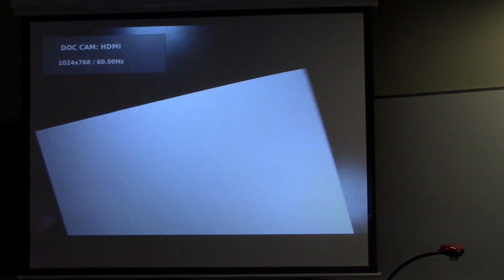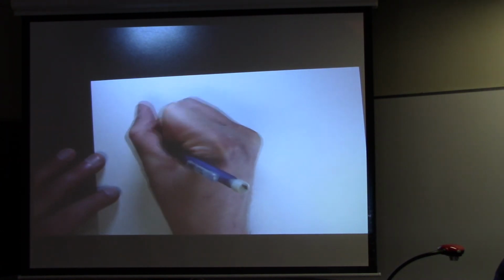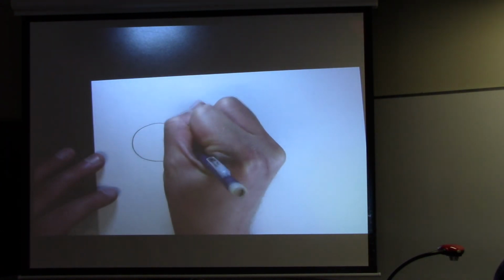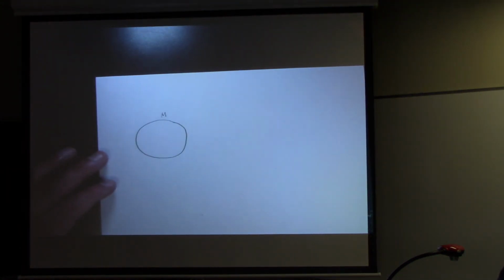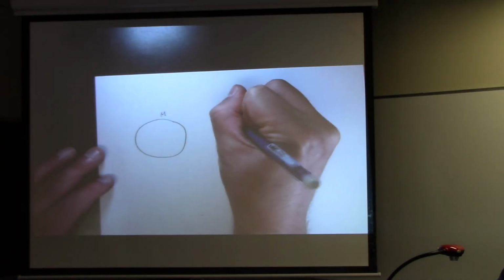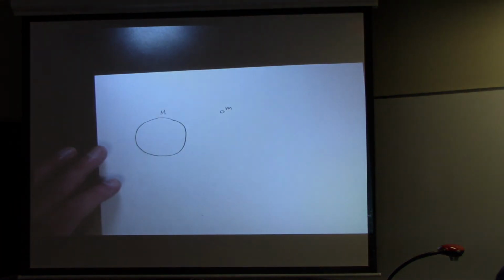Okay, so we'll work this out. The notation we're going to start using is, we'll have big M represent the more massive object. That's going to be the Earth in this case. And then we'll have little m represent the less massive object. That's going to be the space station.